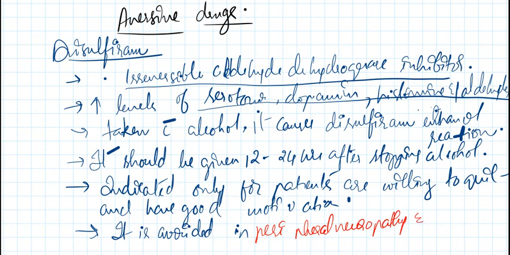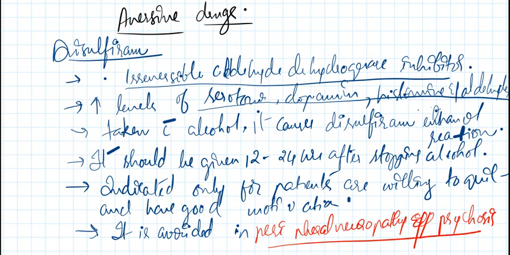And also one more condition. Can anyone guess in which condition this is absolutely contraindicated or avoided? It is psychosis. So in peripheral neuropathy and psychosis, disulfiram is avoided.